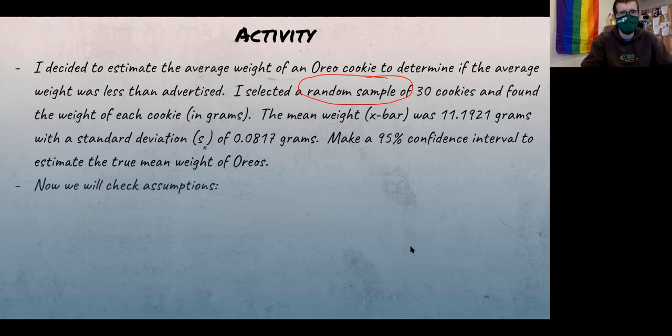All right, our next condition, 10%. Did we meet the 10% condition? Yep. How do we know? There's a lot of Oreos. I think there's more than 300 Oreos in the world. We would write something to this effect. I'm not actually going to take the time to do it, but the sample of 30 is less than 10% of the population.